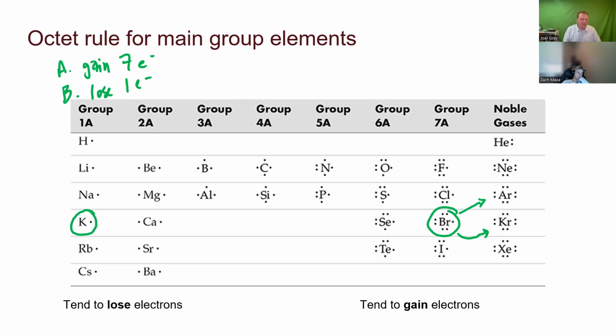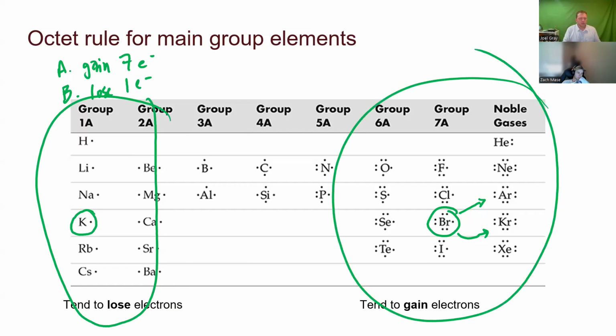So what that means ultimately is stuff on the left-hand side, your group one and group two metals, they tend to lose electrons. Stuff on the right-hand side, they tend to gain electrons. Now, one thing that I want you to recognize is, well, I drew a big circle, and I'm going to go ahead and add in some more things.